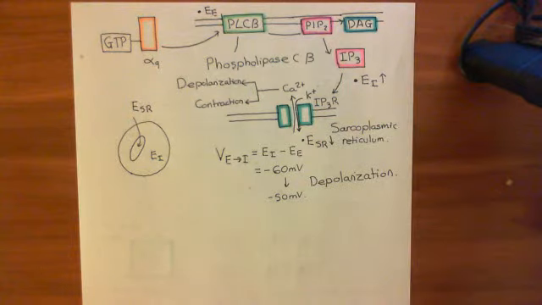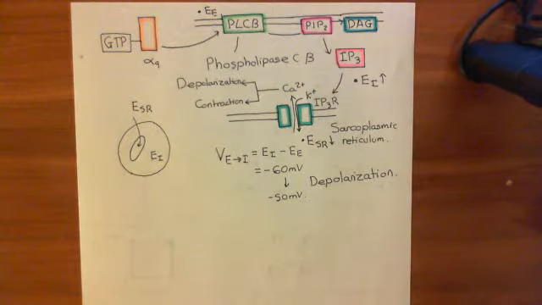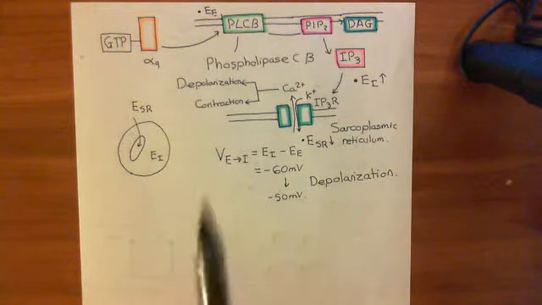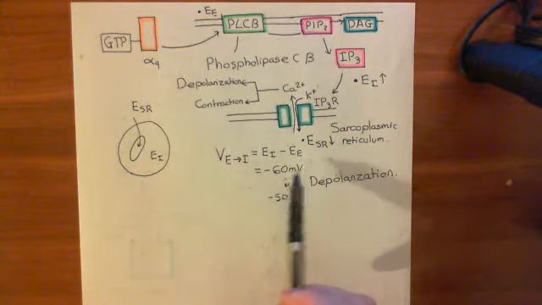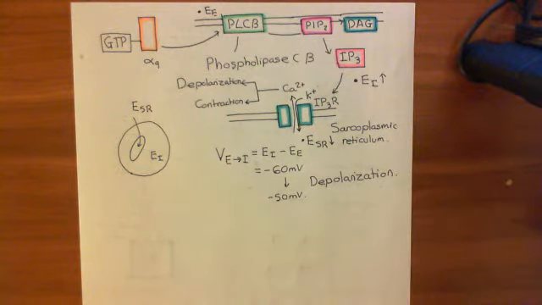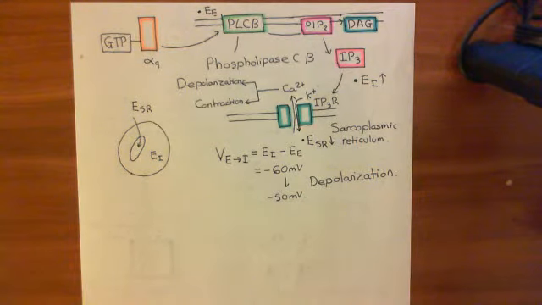in the intracellular compartment. If we can assume, therefore, that the electrical potential of the extracellular compartment remains the same, then the amount by which the intracellular electrical potential is lower than the extracellular electrical potential, i.e. the electrical potential difference, is going to be smaller, because you're raising the electrical potential intracellularly.